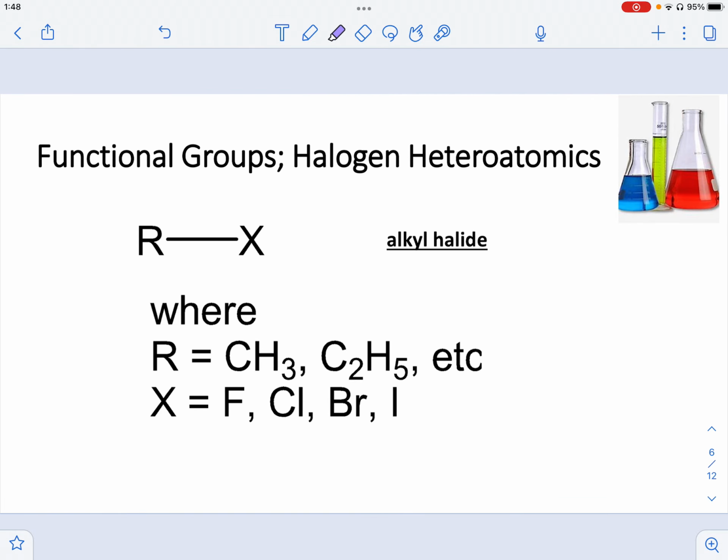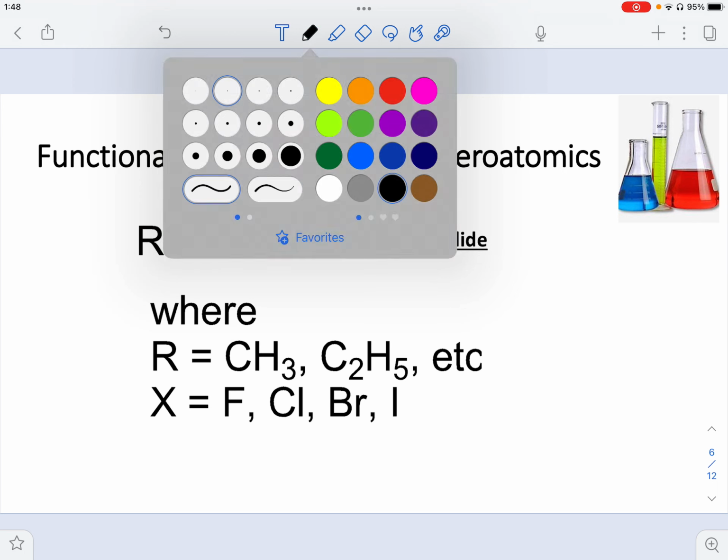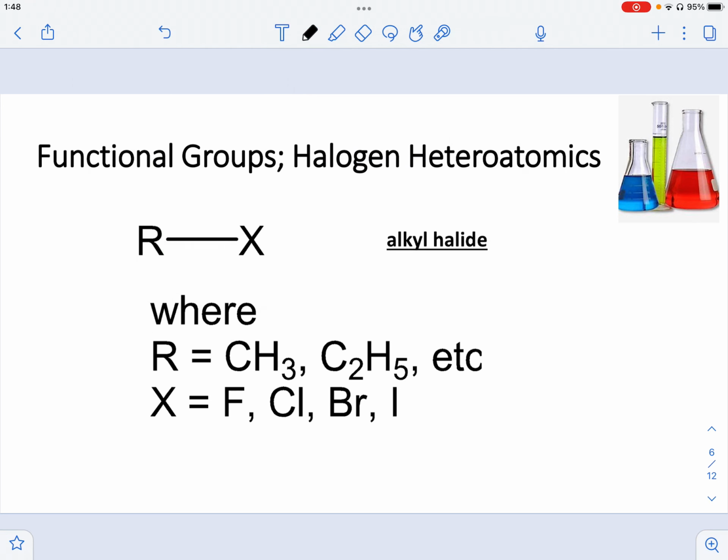Then we proceed to look at the halogen heteroatomics. Halogen heteroatomics are also known as alkyl halides. As you can see, here we also have the R group present, and we have specifically determined that that R group can be a methyl group, it can be an ethyl group.